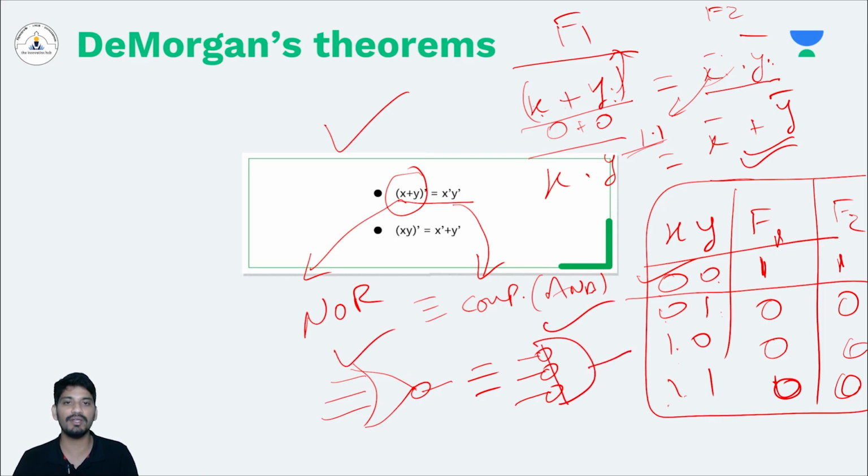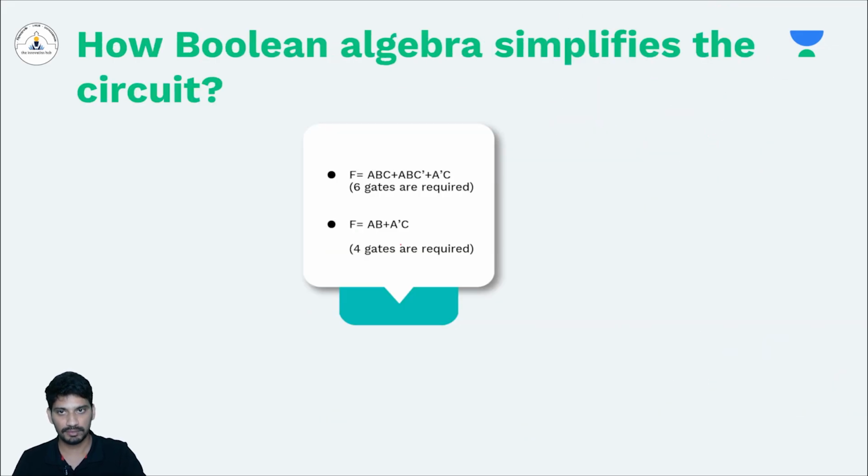This is very, very useful, because let's say you have a function like this and you don't have AND gates existing in your library. Then you can simply replace this function with a NOR gate. That is the purpose of De Morgan's theorem. Any function can be converted into NOR gates and NAND gates.